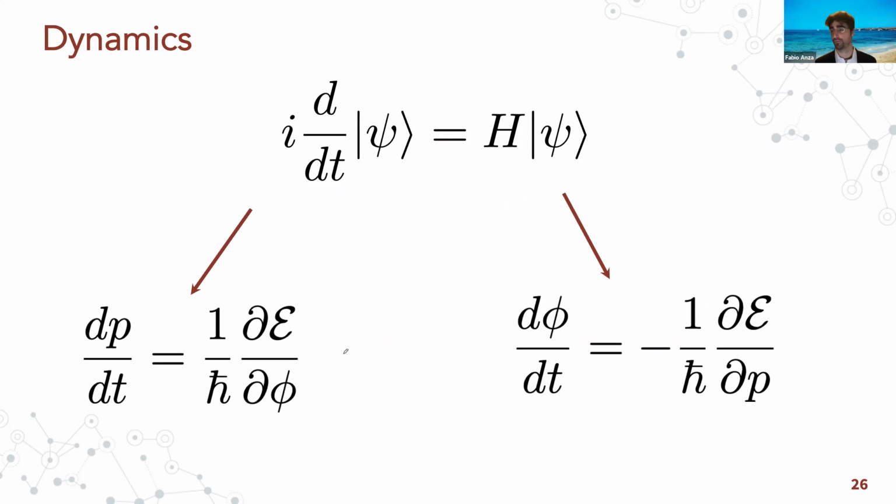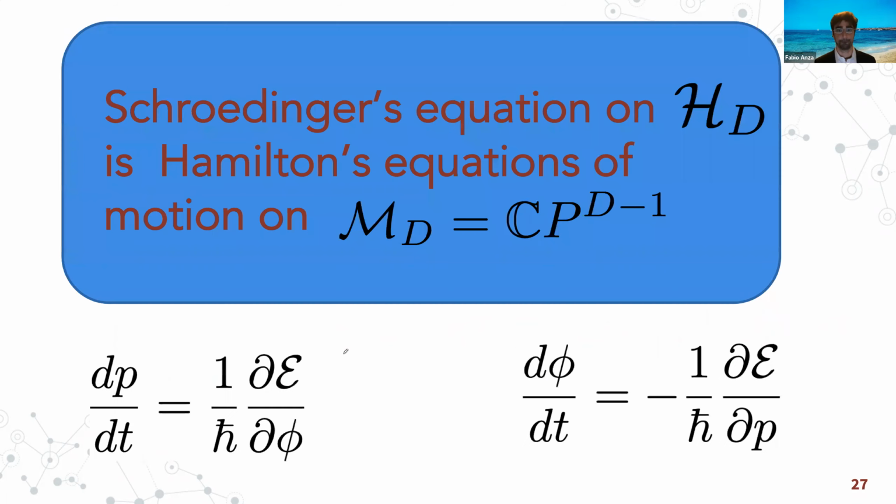And this is the form for the qubit, where p and phi are those coordinates on the Bloch square. But the result is absolutely general for arbitrary finite dimensional quantum systems and also infinite dimensional ones. Basically Schrödinger's equation, so the unitary flows, are described by Hamilton's equation of motion in geometric quantum mechanics.